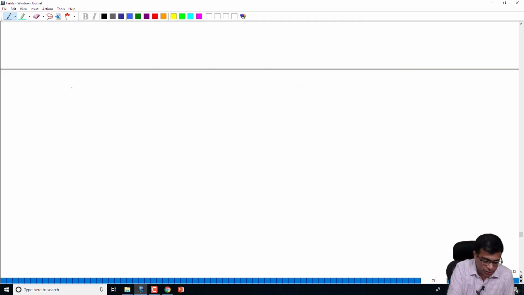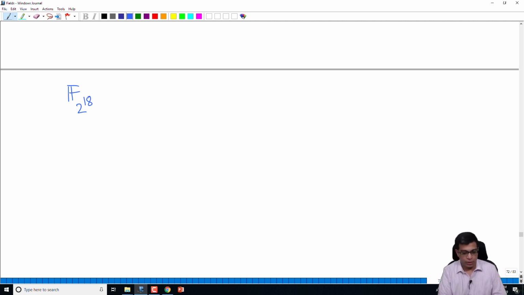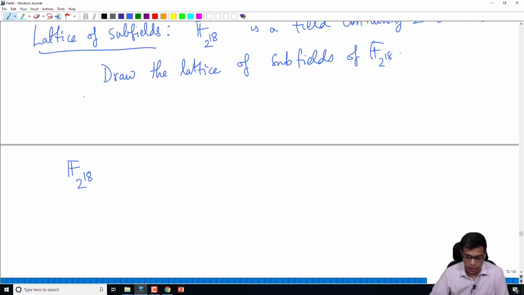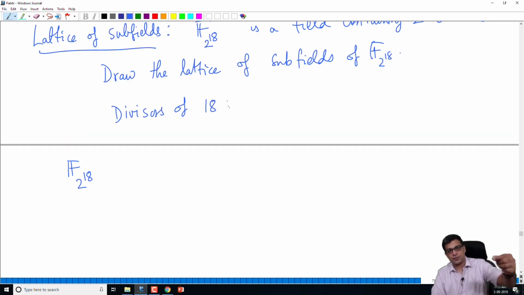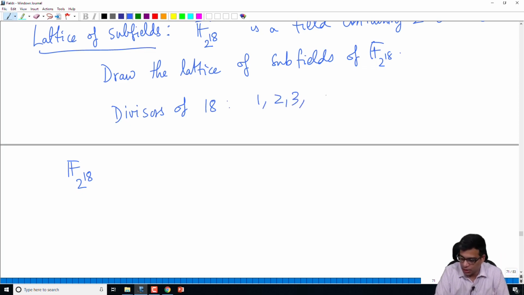Let me start with F 2 power 18. At the bottom we have to have F2. But what are the divisors of 18? Let me write that here. Remember, the divisors of the exponent are what we are looking for. Divisors of 18 are 1, 2, 3, 6, 9, 18.